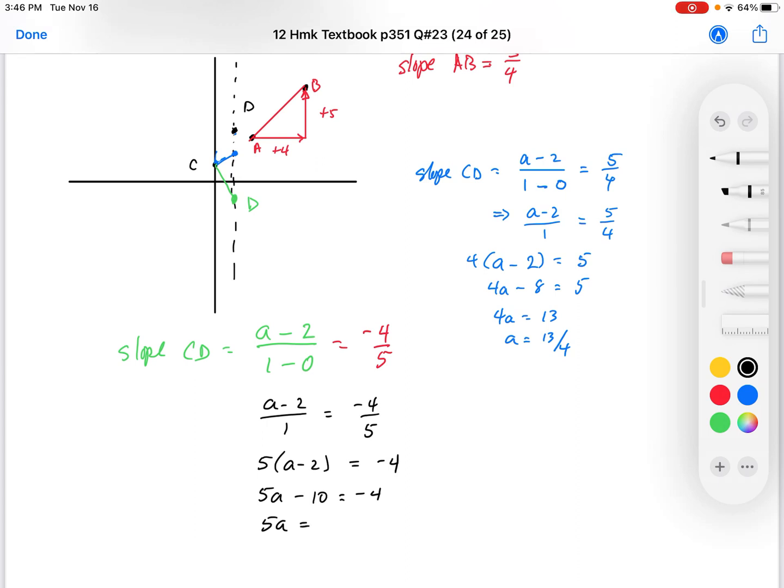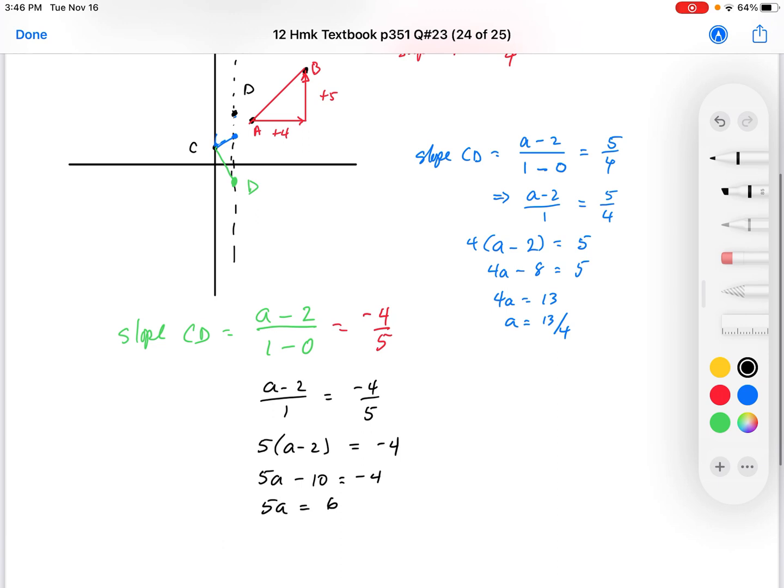So I get 5A is equal to 6. And A is equal to 6/5, my solution for A to make it perpendicular.